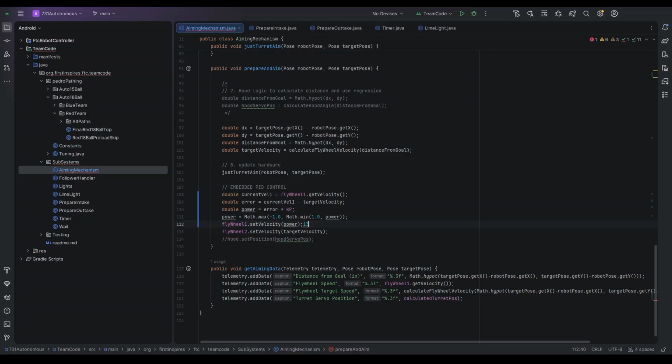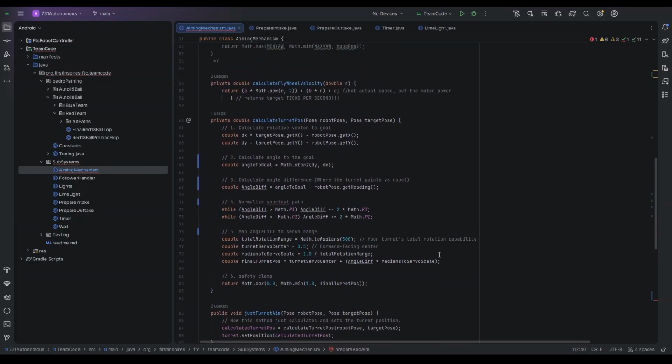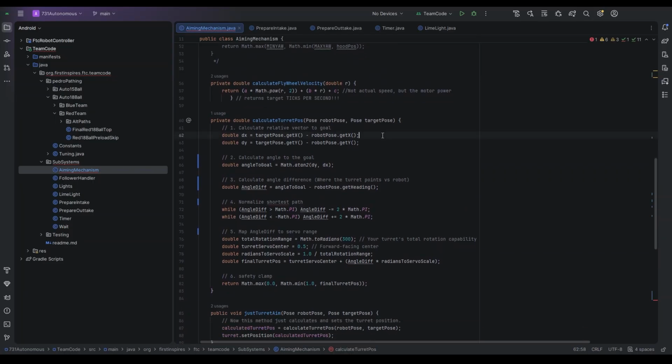So we'll pull up Android Studio again, and this is actually in the same class, which is our calculate turret position. First, we get our target position, which is basically just the goal positions. So we subtract the goal positions from our current robot pose, which we can just get the X coordinate and the Y coordinate off.